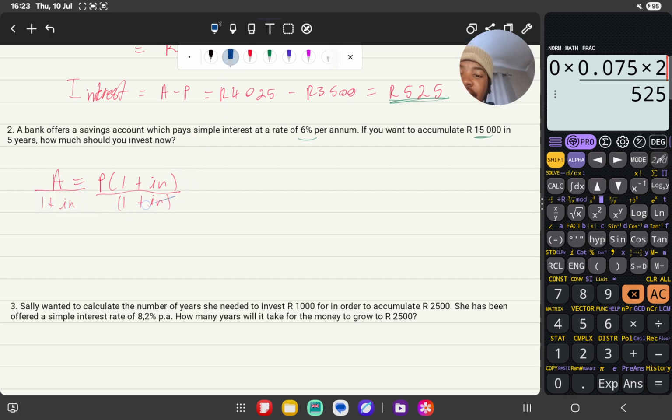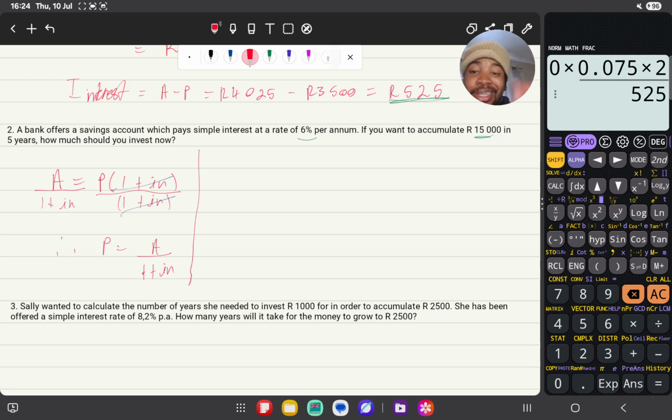When I do that, these cancel, and then I can say, therefore, P equals A over 1 plus in. I know it's a lot of work, but I don't like drama when I'm solving problems. So yeah, it helps me a lot.